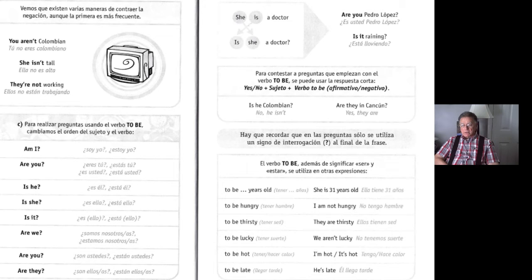Okay, and is he? Is he? Okay, and then is she? Is she? And then we do use is it?